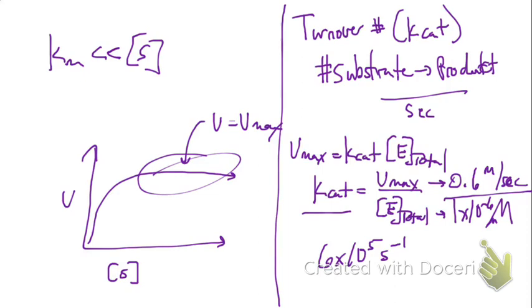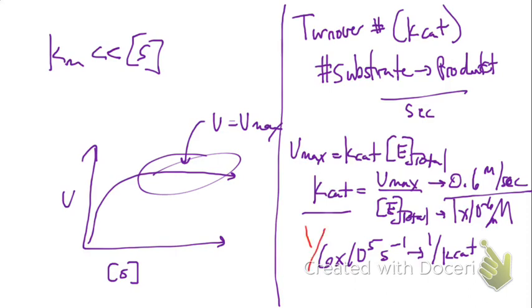Now, what we can do is we can do 1 divided by kcat, and that'll give us the number of seconds per molecule, right? So this is molecules per second, but if we take the inverse, we could do how many seconds per molecule when you do 1 divided by this number. Let's do it in a different color.